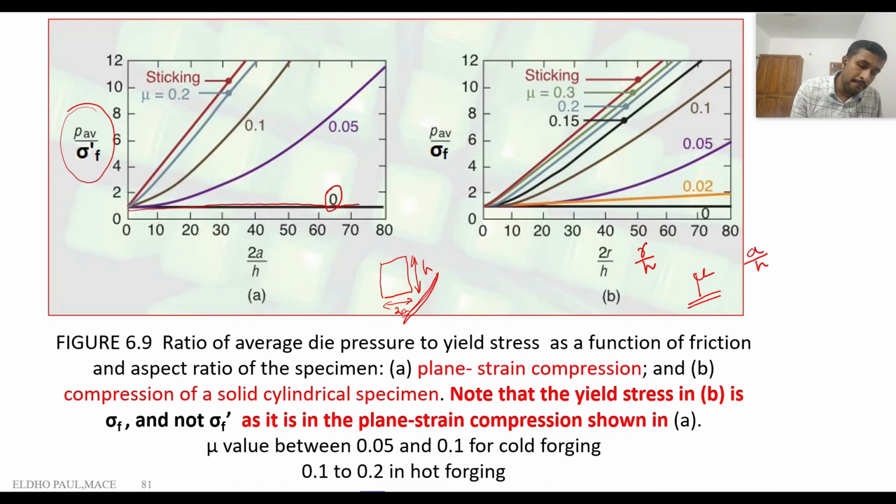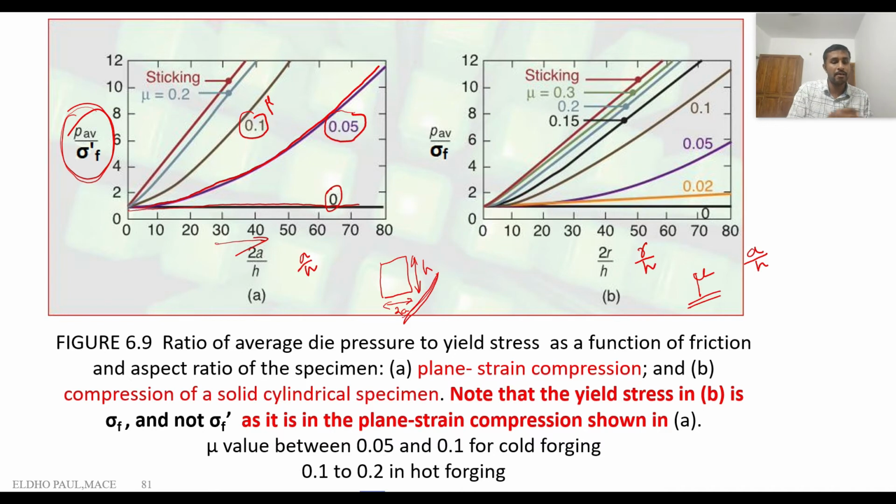But if there is any coefficient of friction mu, then A by S ratio has an influence on the pressure average divided by sigma dash F. With increasing A by S ratio, we can see the amount of pressure requirement is increasing. Okay, and again the influence of the A by S ratio increases if we increase the mu value.